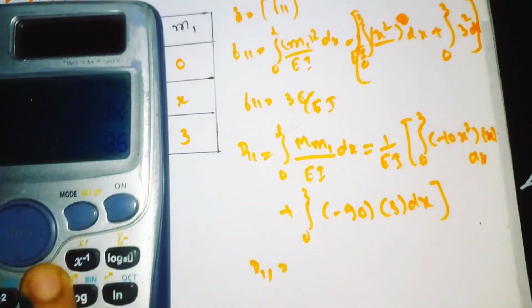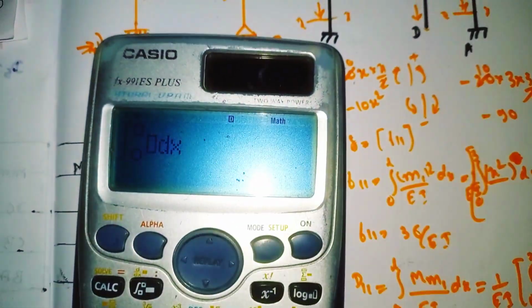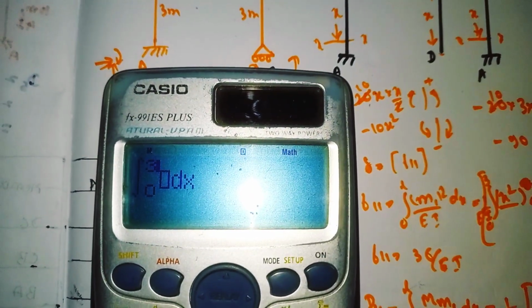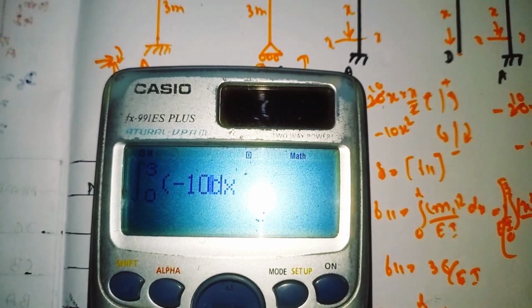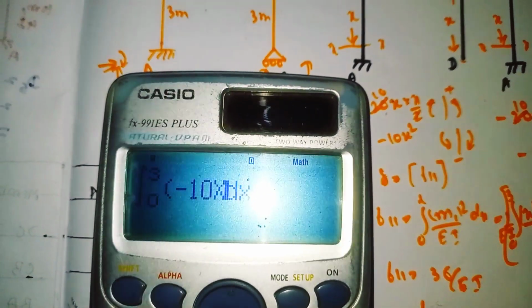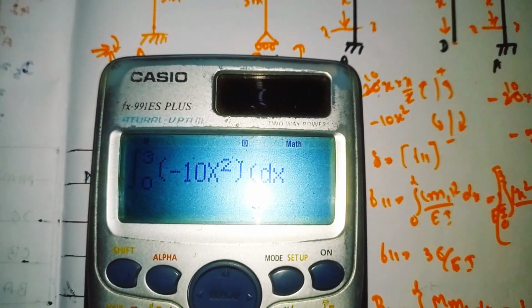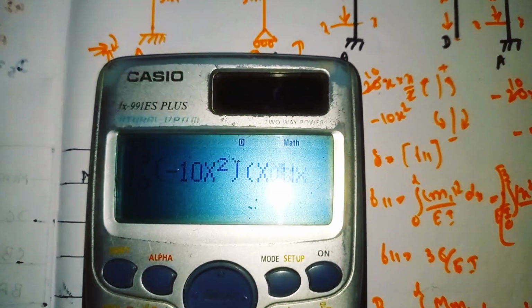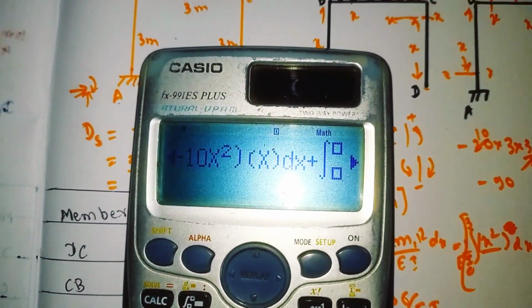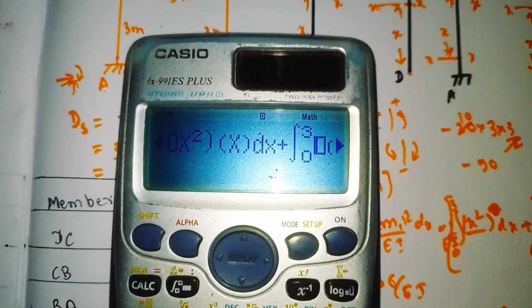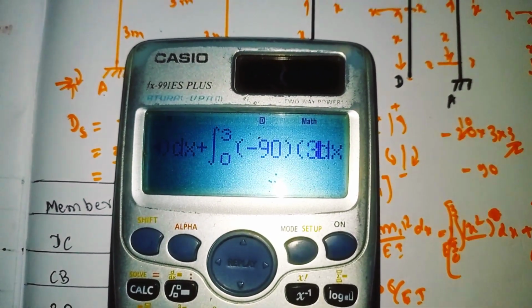Our d11 will come out as integration of 0 to 3 into minus 10x square, close the bracket, into x, plus integration of 0 to 3 into minus 90 into 3.